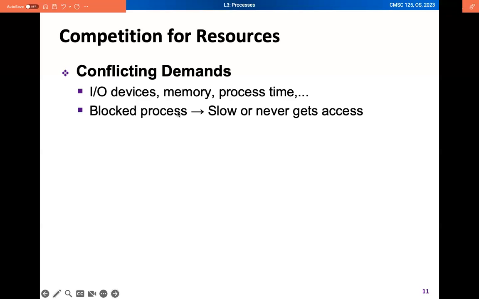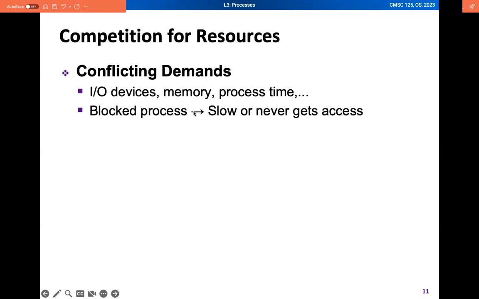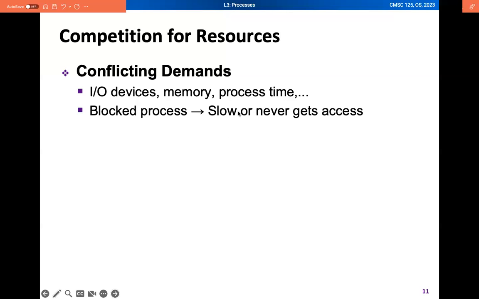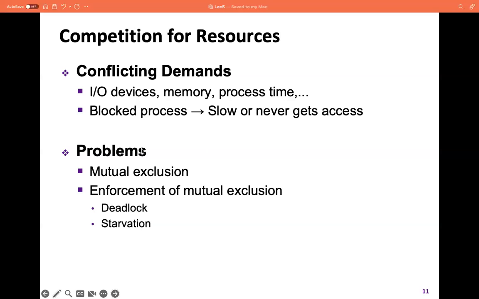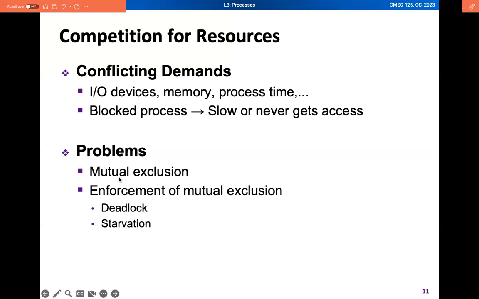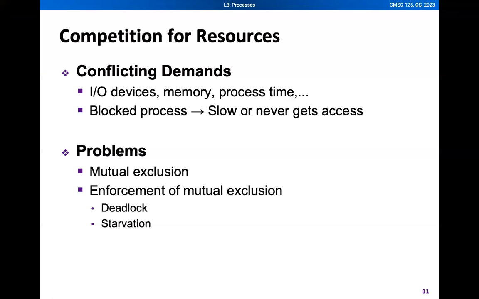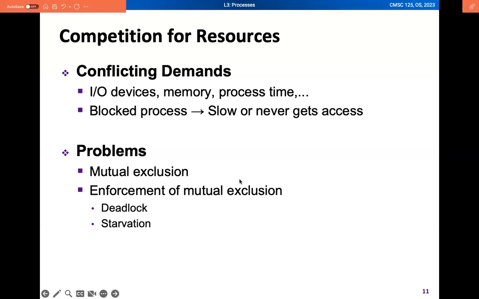If some processes are blocked, then the tendency is that the system or the total time will be slow, or this process will never get access at all. And some problems that we could encounter here are mutual exclusion, and how to enforce this mutual exclusion.